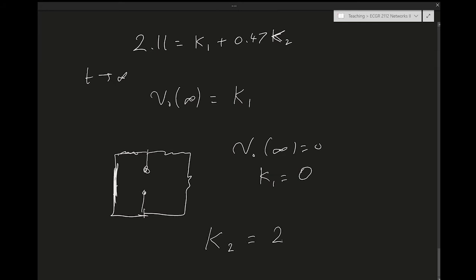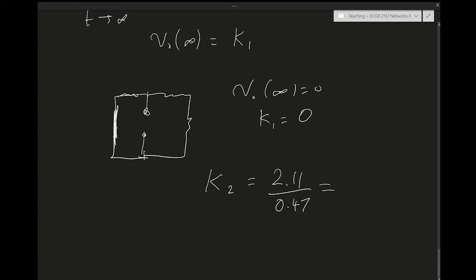equals 2.11 over 0.47. We can calculate that using a calculator. That will give me 4.49 volts.